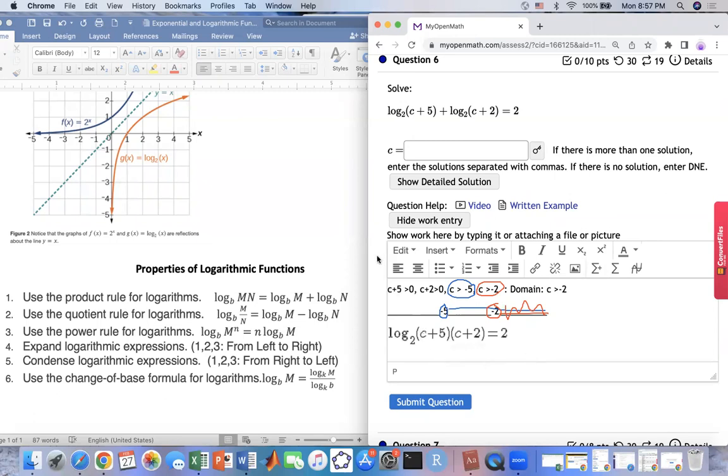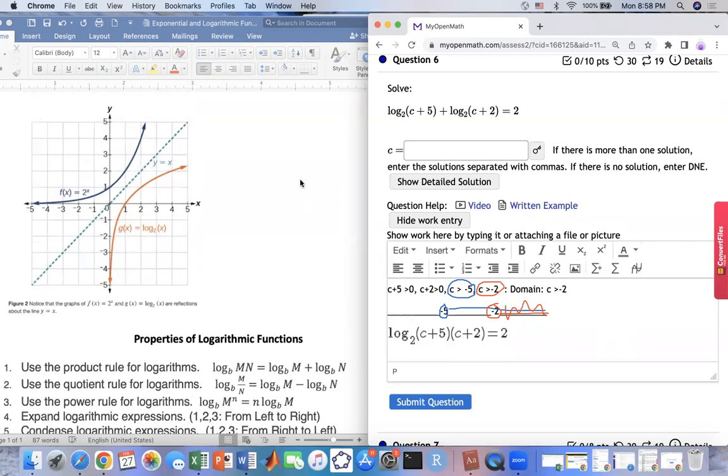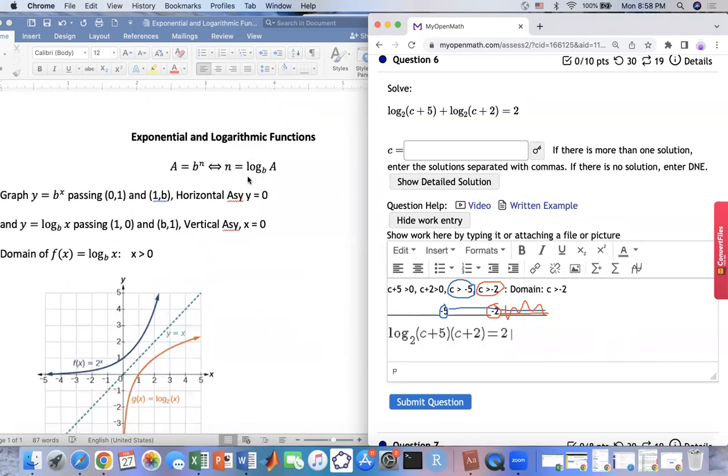Now I can convert it to exponential form. Remember, I have the base here, raised to the power 2, and this must be equal to whatever is inside the log. So I multiply these two together, and it equals c squared plus 2c plus 5c plus 10.